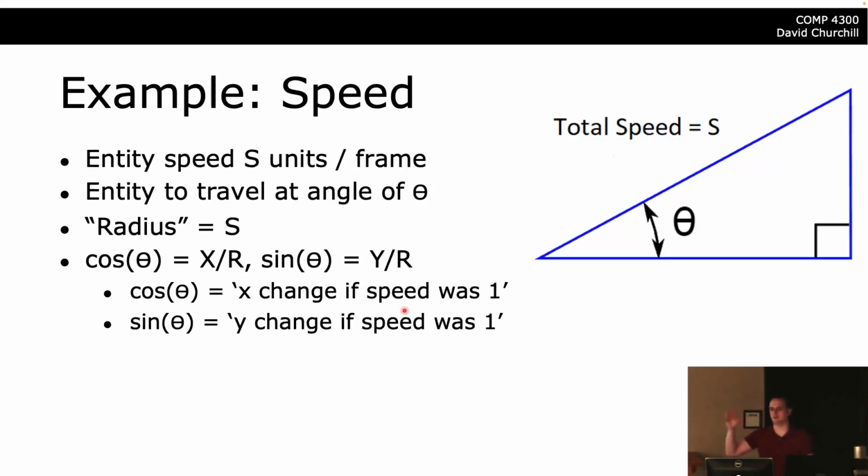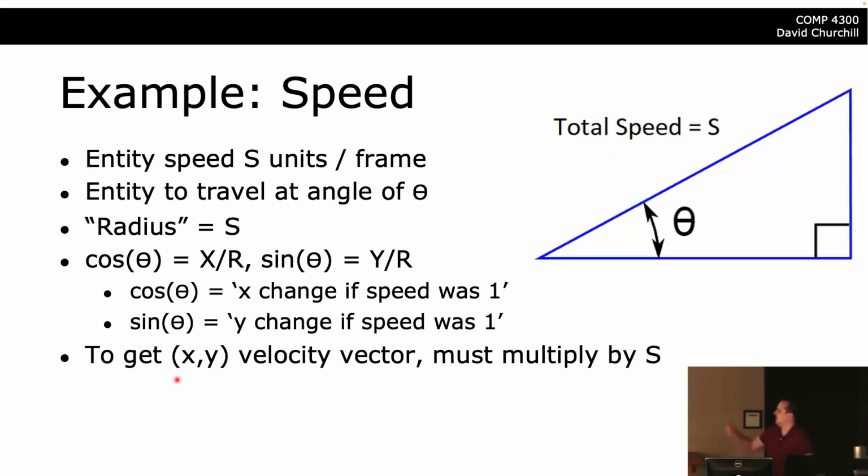Because the cosine in the unit circle is the x change if it was 1, and sine is going to be the y change if the speed was 1. So therefore, what we've done is we've figured out the x change and the y change if the speed was 1. So to get the actual change, the full x and y change, we multiply it by s, right?